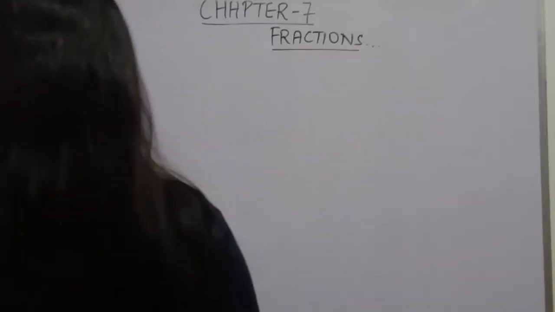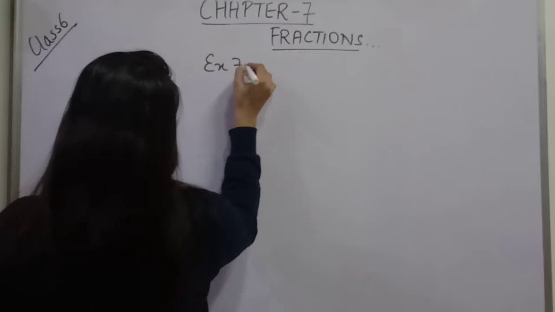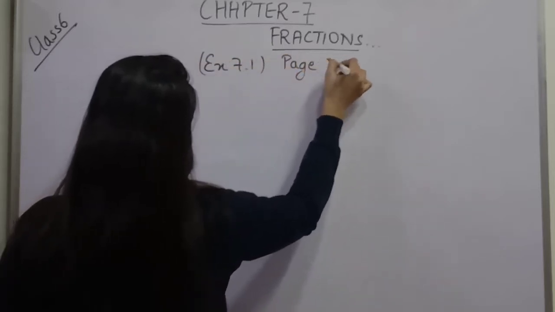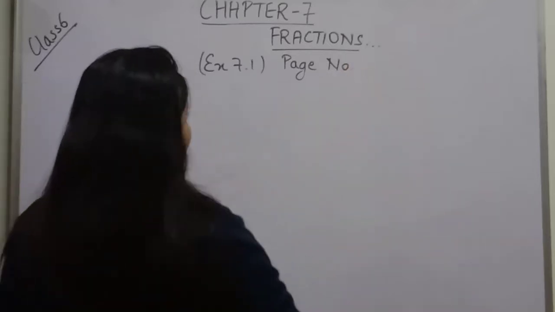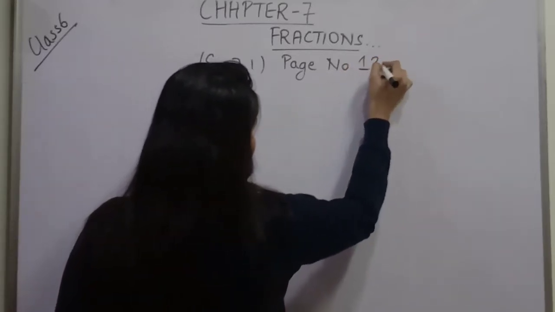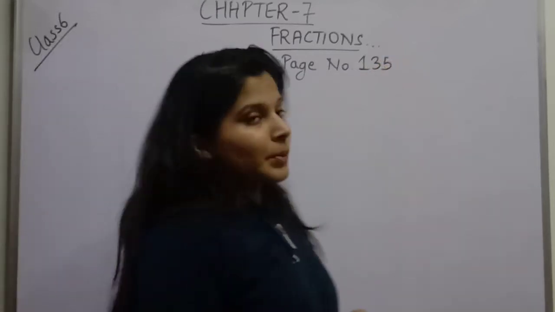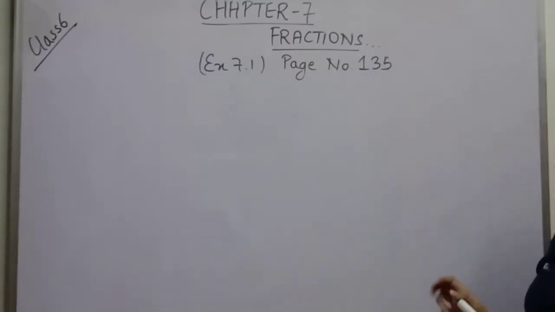Okay, so fractions, exercise 7.1 is on page number 135 of our NCERT book. Alright, so now we are starting with exercise 7.1, fractions.